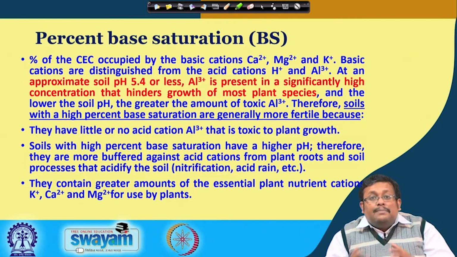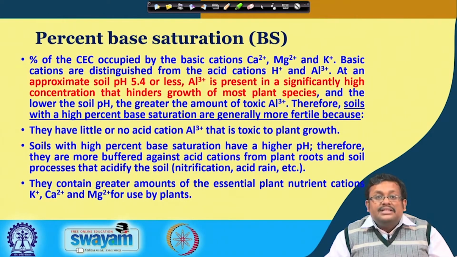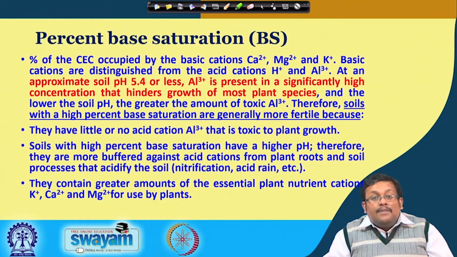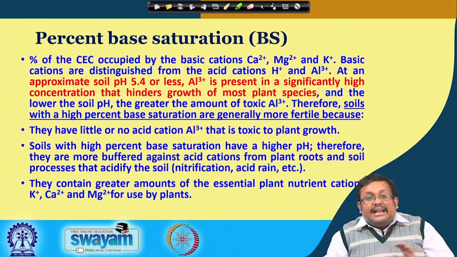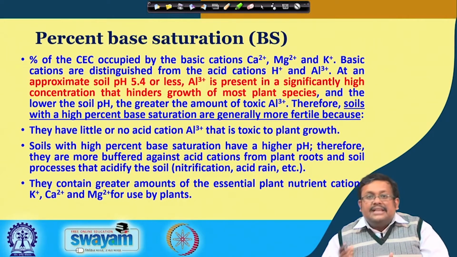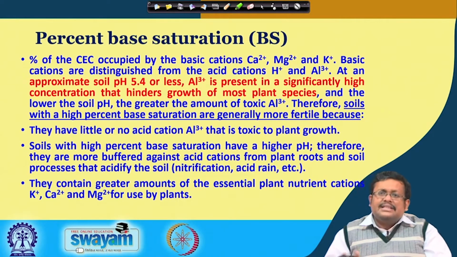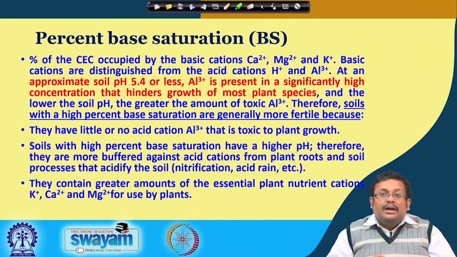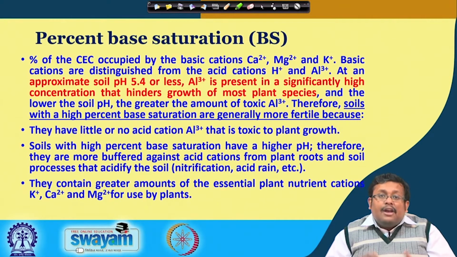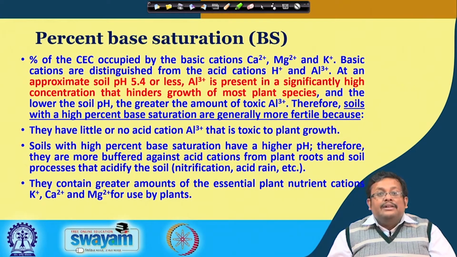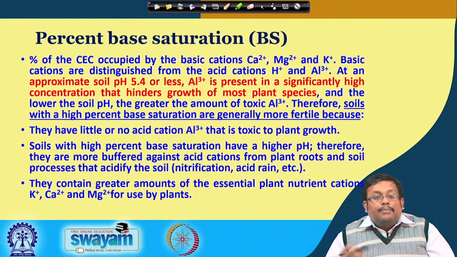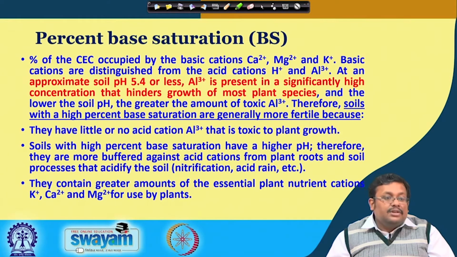Soil with high percent base saturation also has a higher pH, so it is more buffered against acid cations from plant roots and soil processes that acidify the soil, like nitrification and acid rain. We will discuss nitrification in our coming lectures. They can also contain greater amounts of essential plant nutrient cations like potassium, calcium, and magnesium for use by the plants. So these are very important.